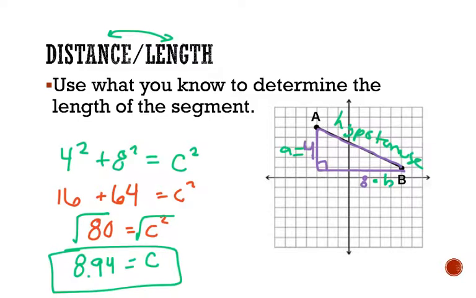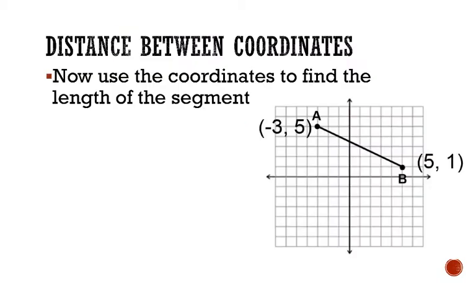So, now that we know our distance and length of this segment can be used with the Pythagorean theorem, we're actually going to figure out how, other than counting the fact that there are 4 squares to make up that side and 8 squares to make up that side, we're going to find out algebraically how we can say that we got 4 and 8.